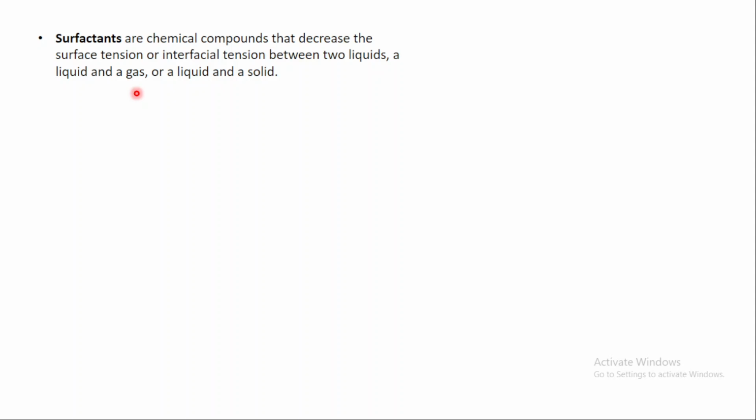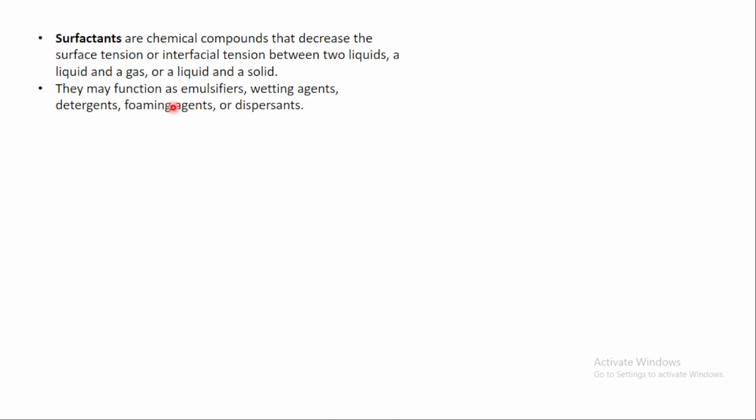So a surfactant is a chemical compound or a molecule which will coat two phases, and in our context it's nanoparticles. We use surfactants in many processes of nanoparticle synthesis to coat our nanoparticles, which will reduce the surface tension of those nanoparticles. Correct?